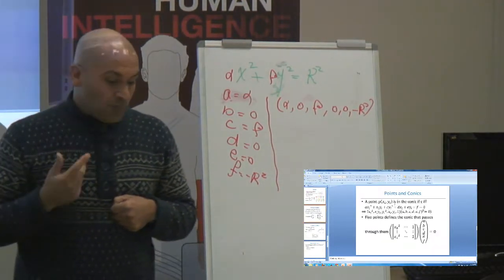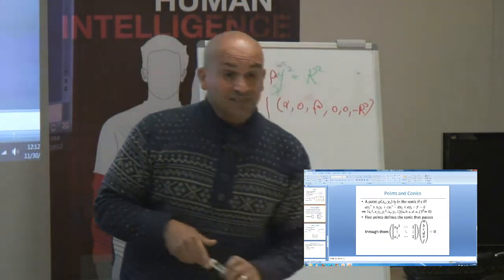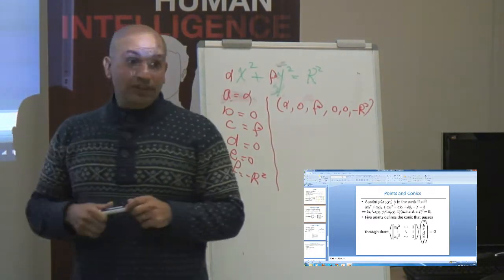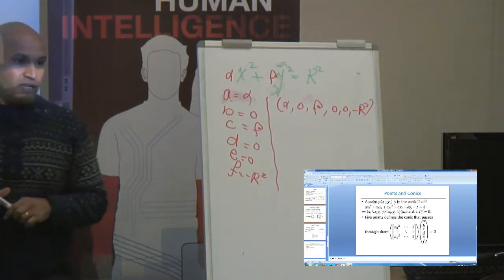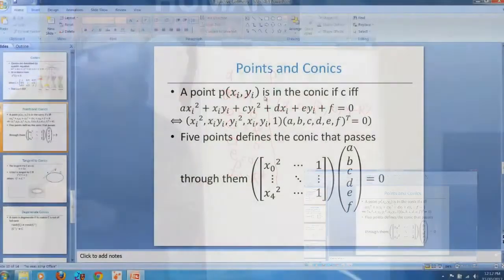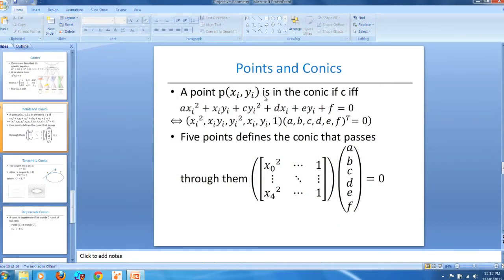Now, a point xi, yi is on a conic if it satisfies this equation, a xi squared plus b xi yi plus c yi squared plus d xi plus e yi plus f equals 0. That's clear?